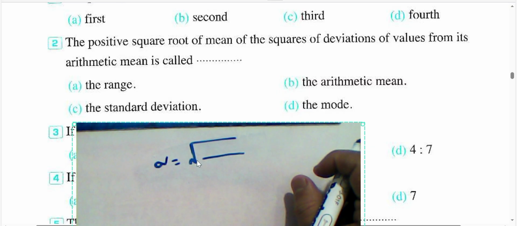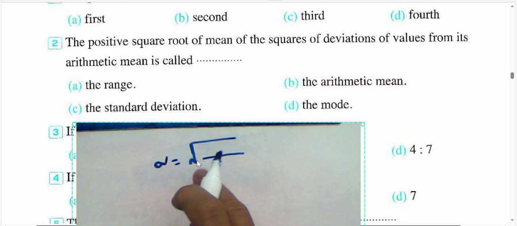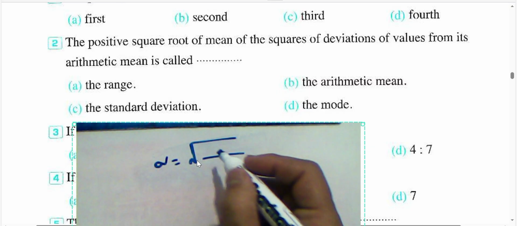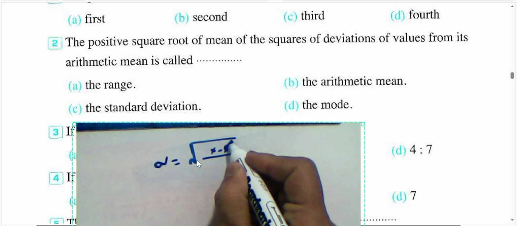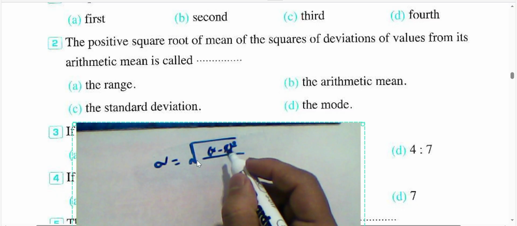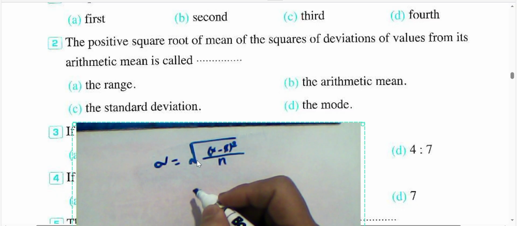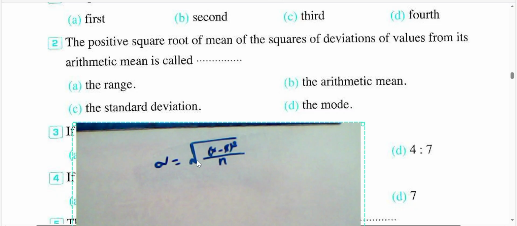We can write the square root of (x minus x bar) squared divided by the number of elements. Then the positive square root of the mean of the squares of deviations of values from its arithmetic mean, we call it standard deviation. Okay, choose letter C.